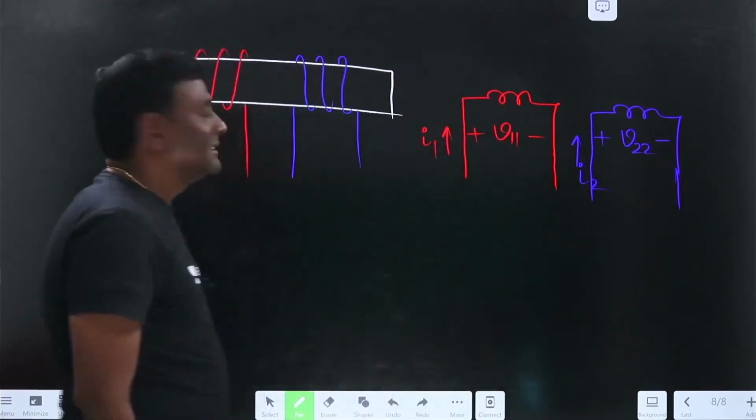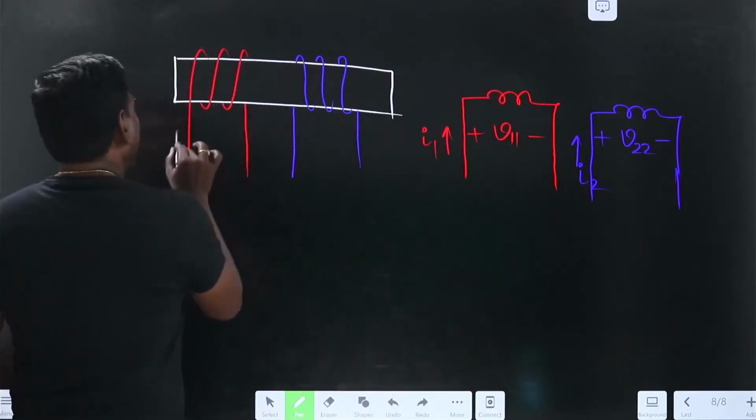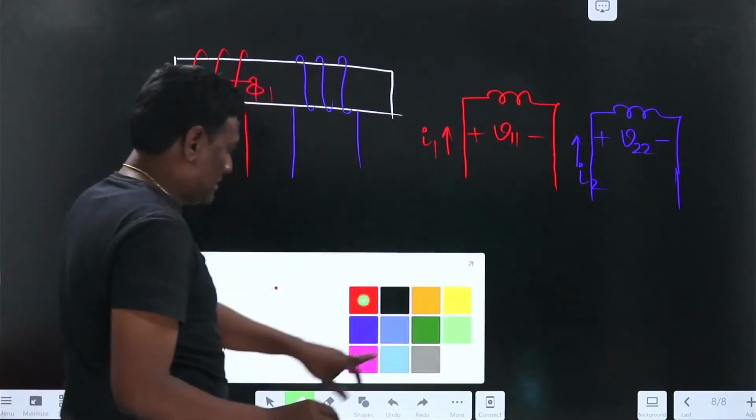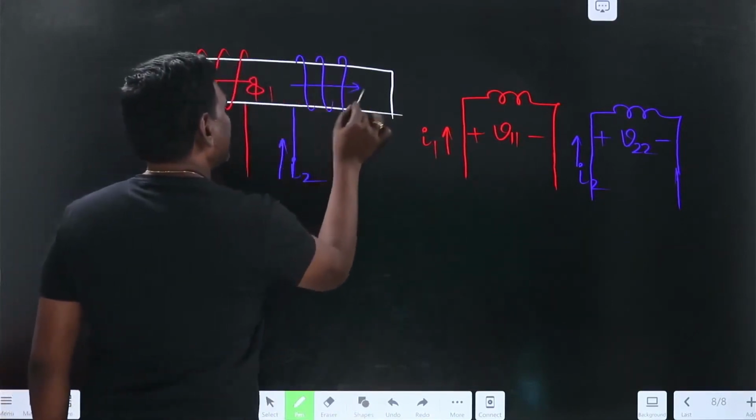Now see here, because of this flux, I1 is in this direction, so because of that pi1 is in this direction, and I2 is in this direction, because of that pi2 is in the opposite direction.